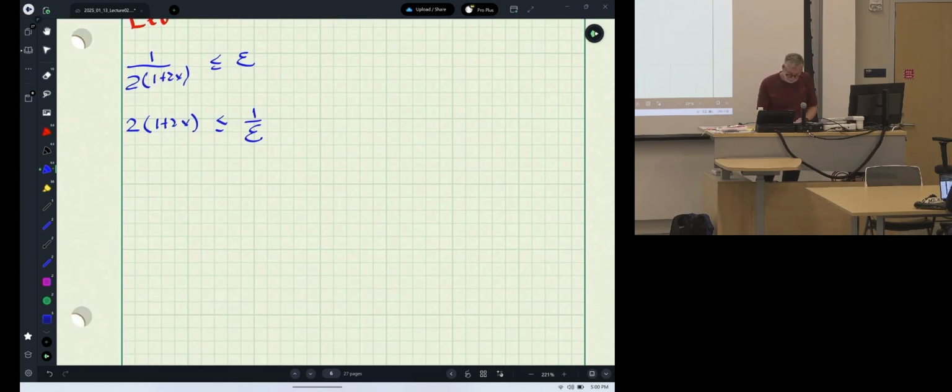And then, okay, we'll divide by the 2. We get 1 plus 2x. Whoops, I didn't flip my inequality, even though I said we should be doing that. 1 over 2 epsilon. Subtract 1 from both sides.